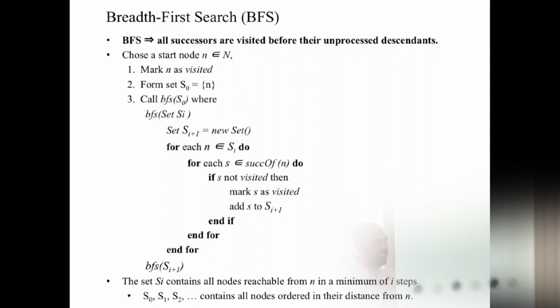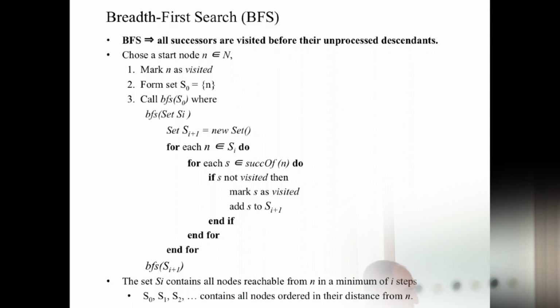Okay, I think it's time to continue with the remaining part. The next traversal algorithm we have is breadth first, which is the opposite of depth first, where we first go deeper through all the successor nodes till the tails.